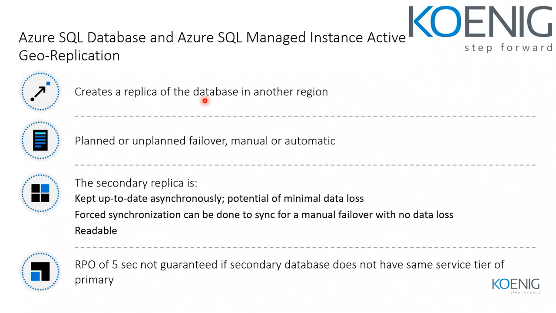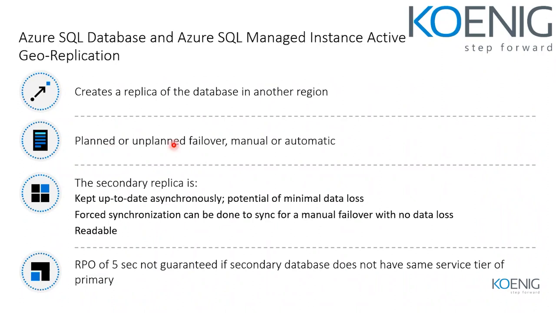And guys, in the backend, Azure SQL Database and Azure SQL Managed Instance always use the Always On availability group concept. Now we have planned or unplanned failover, or manual or automatic. Planned failover is obviously when we are in a maintenance operation or maintenance window, so we can make a planned failover.